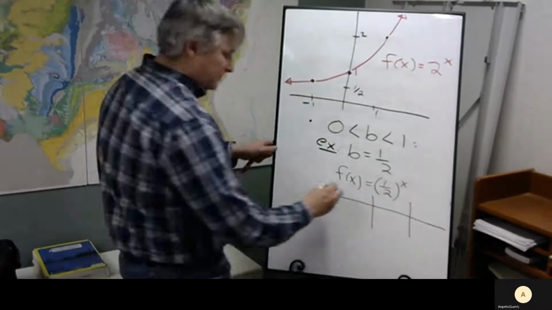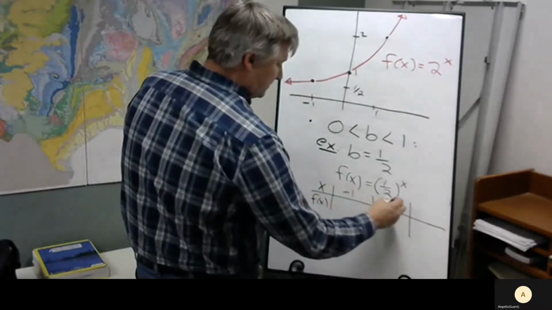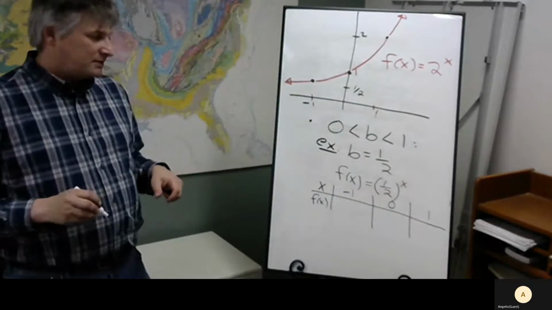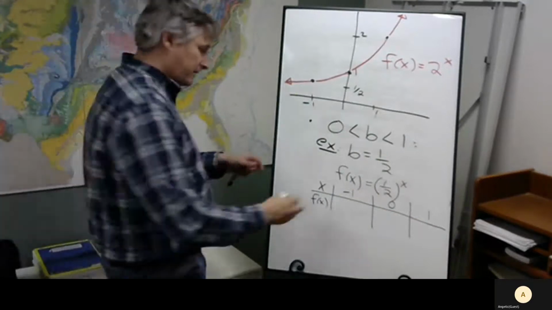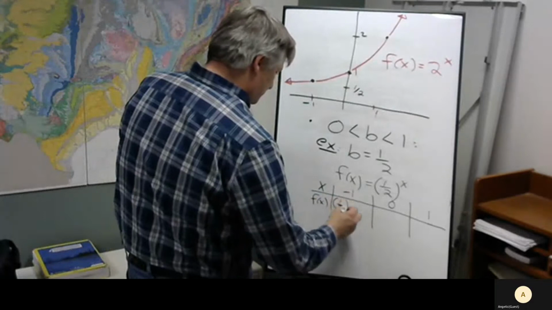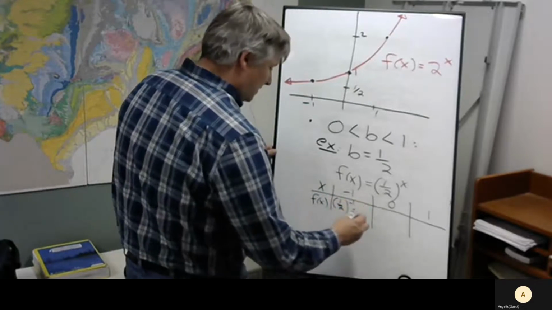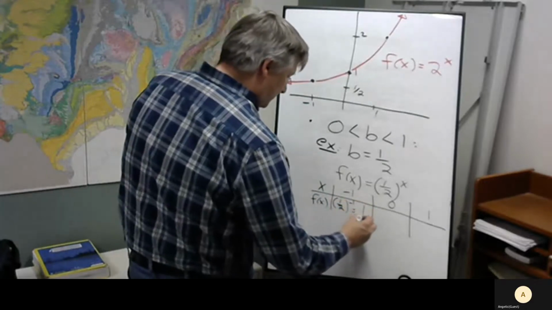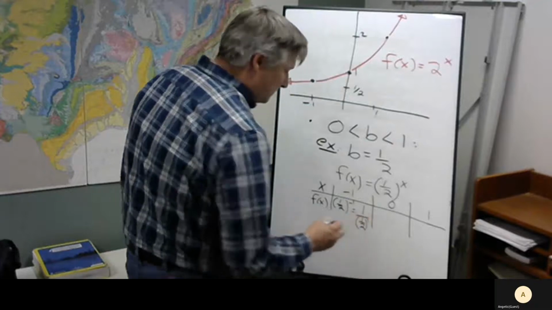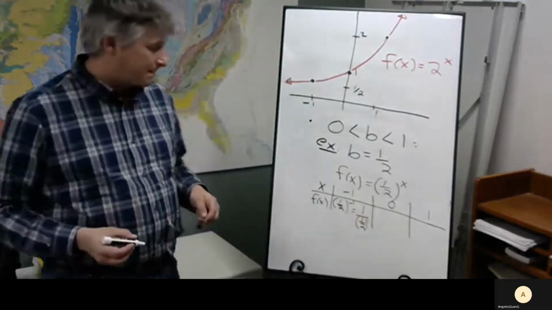So again, we're going to use those same numbers, -1, 0, and 1. So what's 1/2 to the -1? Well, it's 1 over 1/2 to the 1. Remember, for those negatives, we're going to flip things.